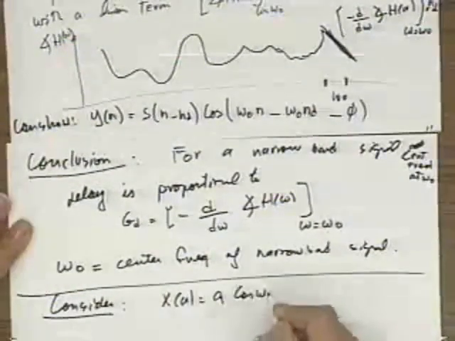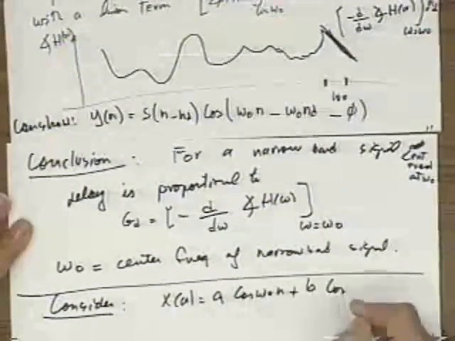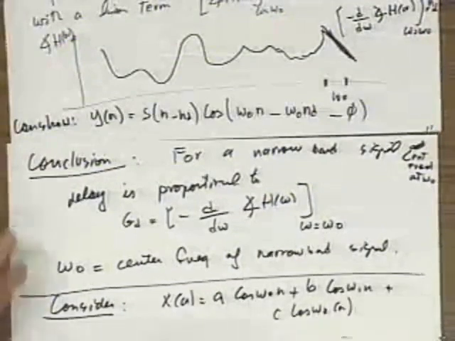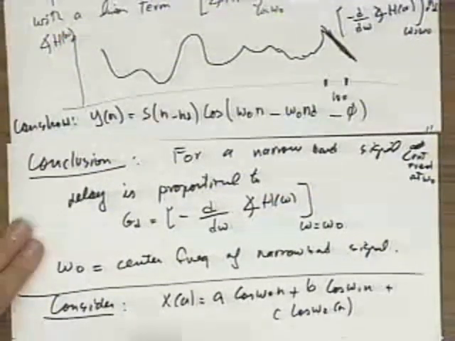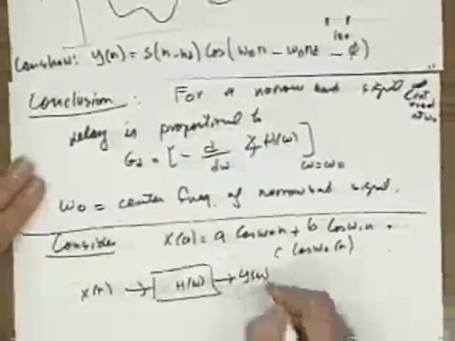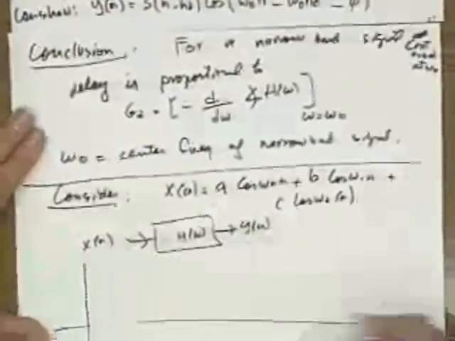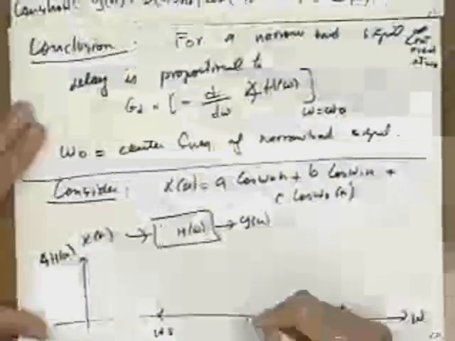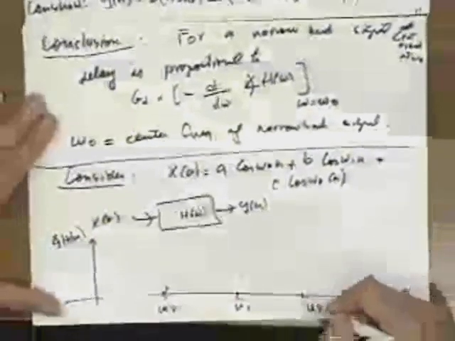So hold on a second. If I now consider a sum of three sinusoids one more time, x of n is a times cosine omega naught n plus b times cosine omega 1 n plus c times cosine omega 2 n. And we pass this x of n through some filter H of omega, and out comes y of n.